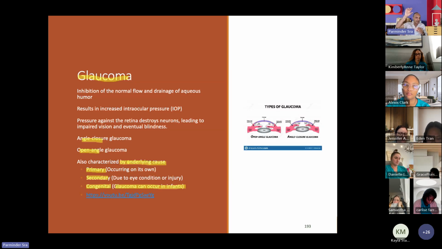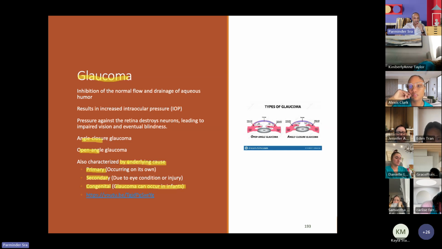Open angle is sometimes called primary, and closed angle you may see written as angle closure as well, but angle closure and closed angle are the same. Primary and open angle are the same. Secondary is when it's happening because of something else. There's an underlying cause.